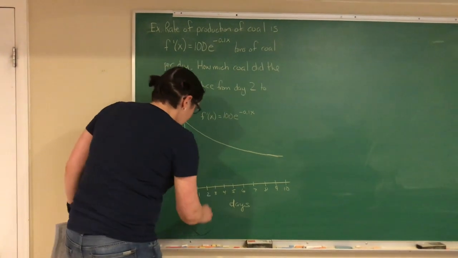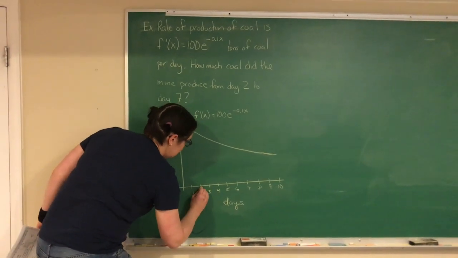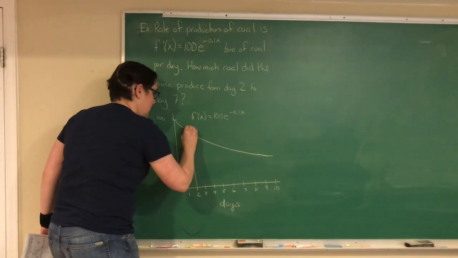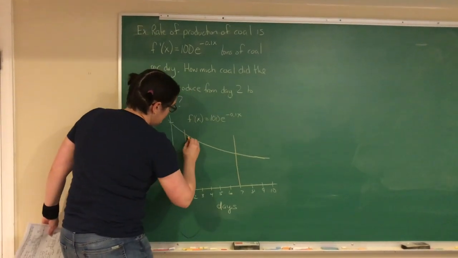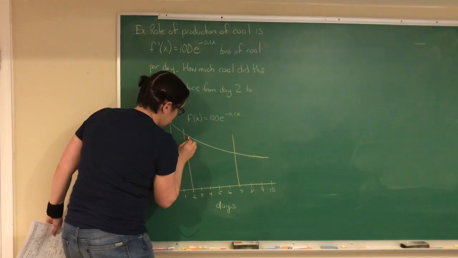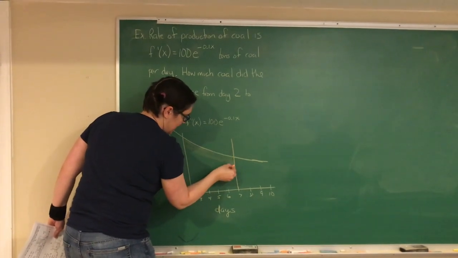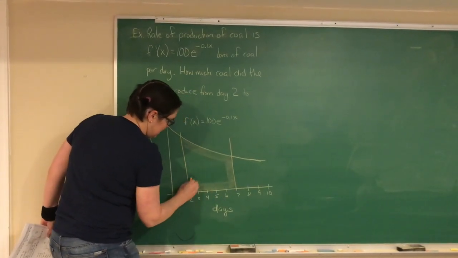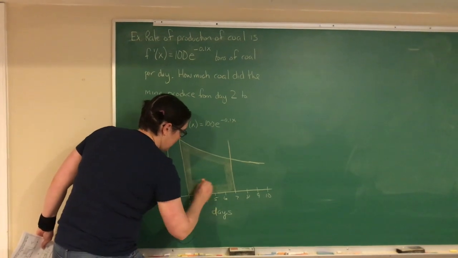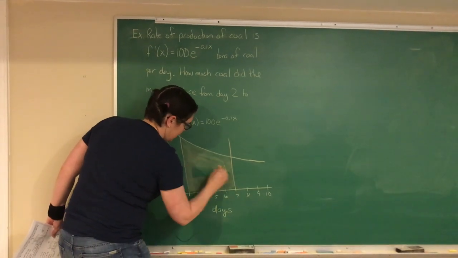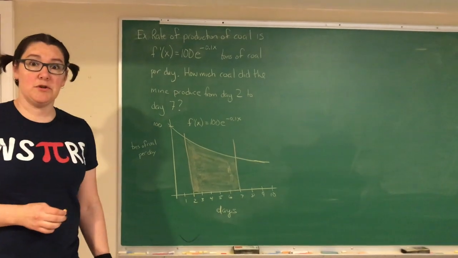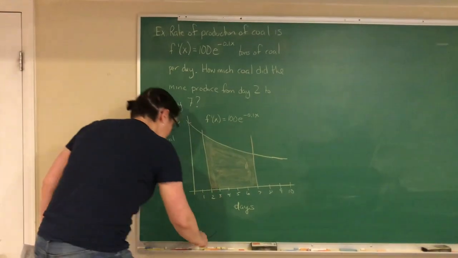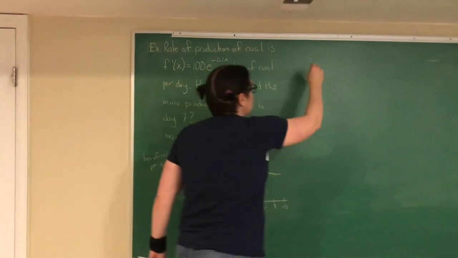And so if I draw a line here at day 2 and a line at day 7, then the area that is under our function and above the x-axis, this area, if we can calculate the area of this shaded region, that will tell us how much coal is produced from day 2 to day 7. And that's an important feature, so I'm going to write that down up here.